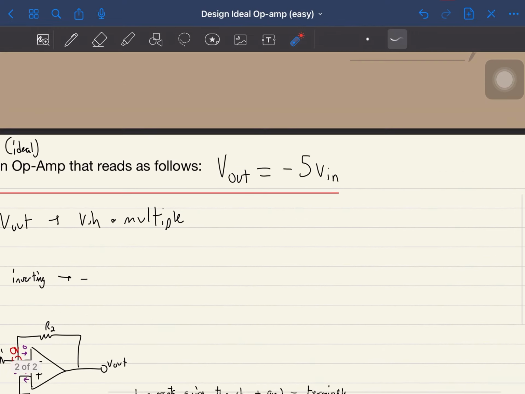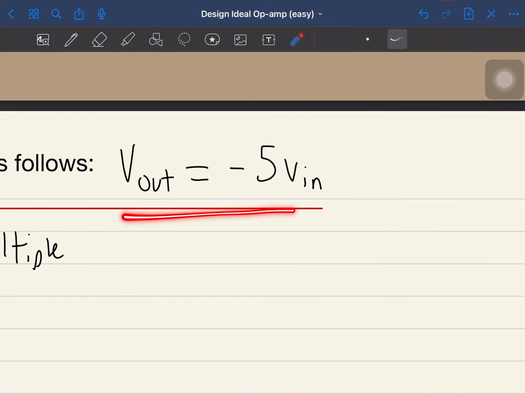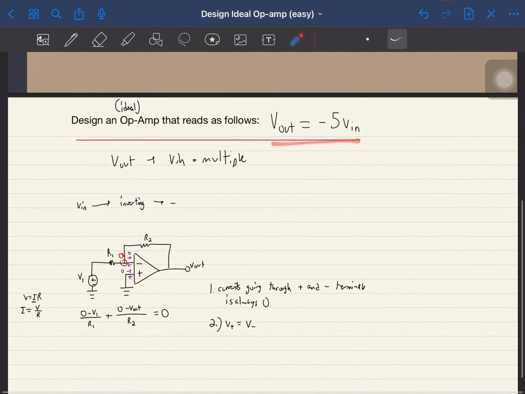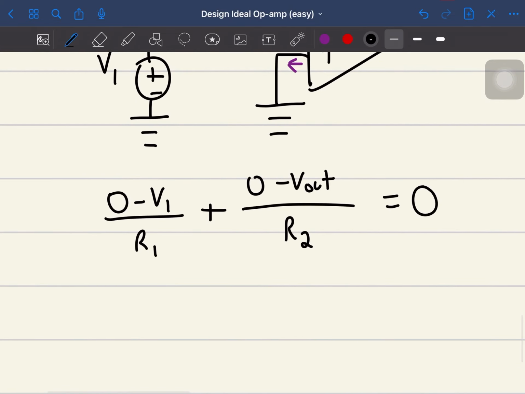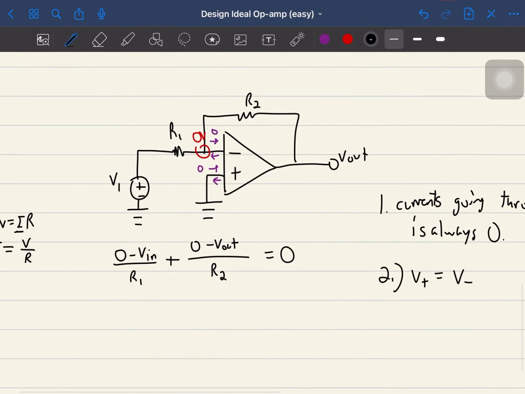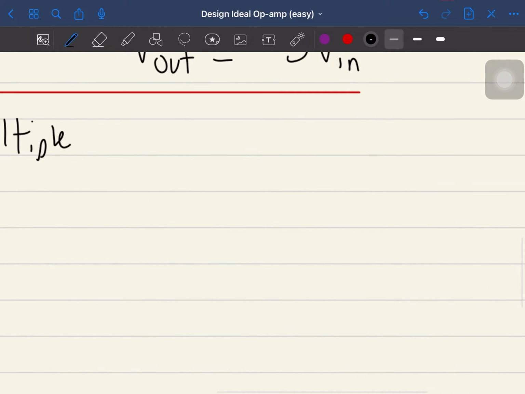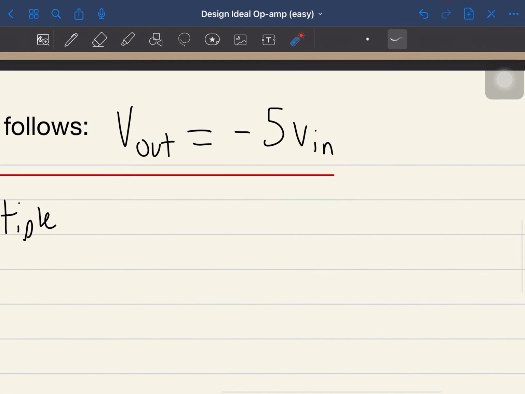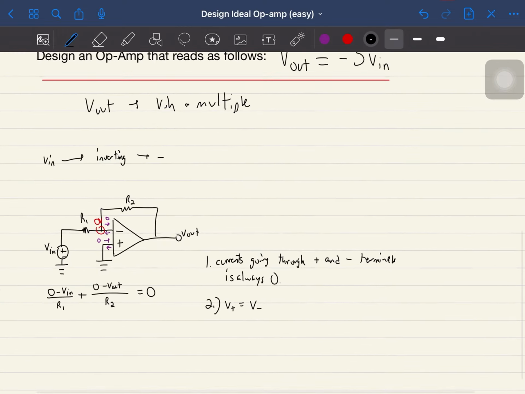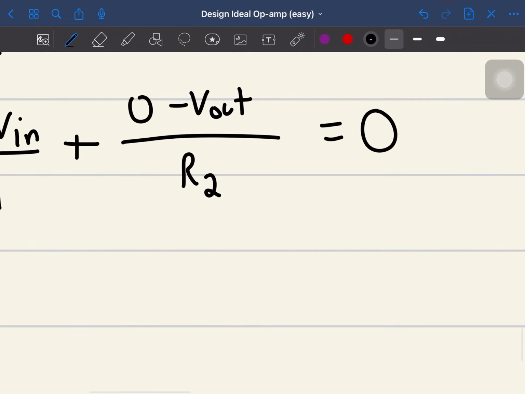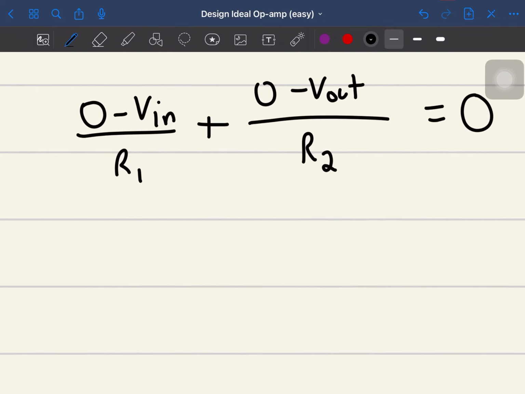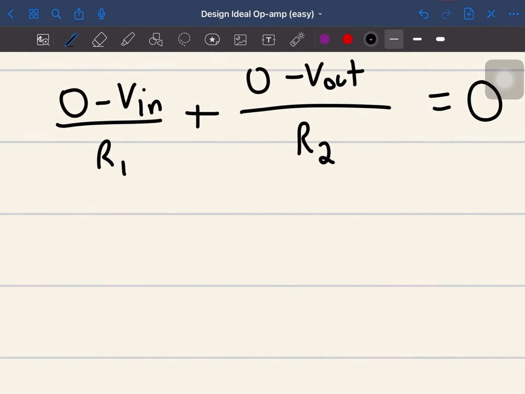Now, in our original problem, V out equals negative 5 V in. My apologies, this is supposed to be V in, not V1. Anyways, V out is by itself and V in has a multiple of negative 5. So we have to make sure V out is by itself. If we simplify this, since 0 is 0, it won't mean anything.